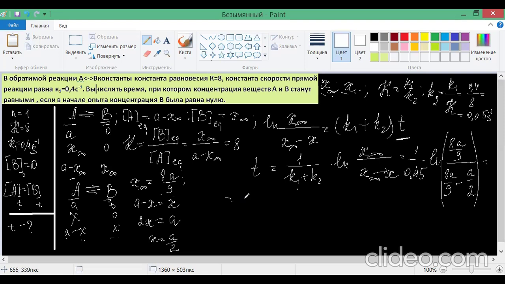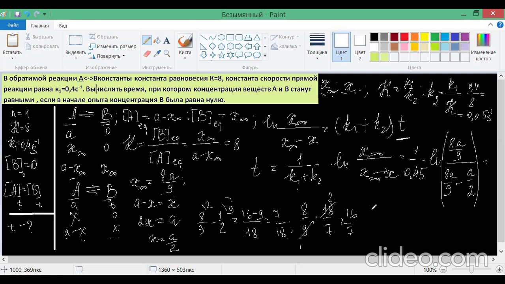It's the logarithm of what? Let's do it. 8.9 minus a half, 16 minus 9 over 18, right? 8 means 7. 18 over 18, okay? And now it's 16 over 7.